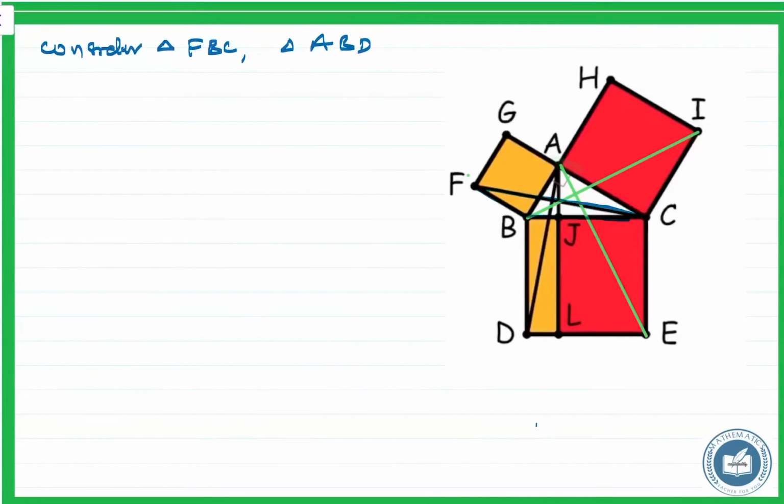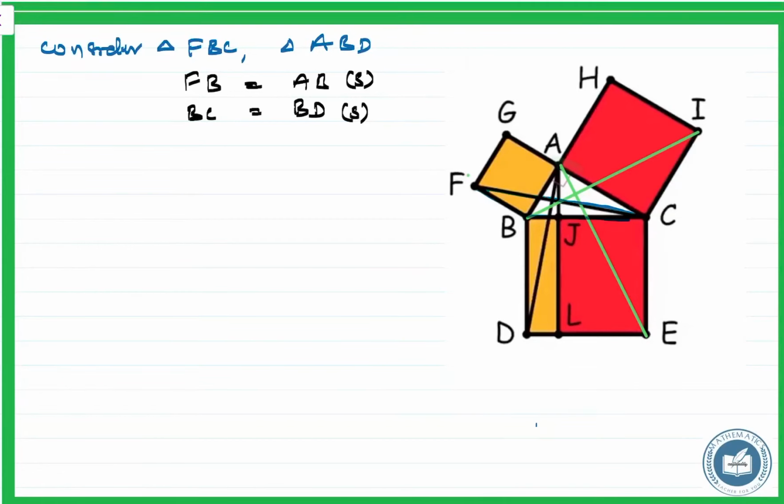By observing these two triangles, we come to know that FB is equal to AB. These are the sides of the same square. Similarly, BC is equal to BD. Here this one is also a side and this one also a side.